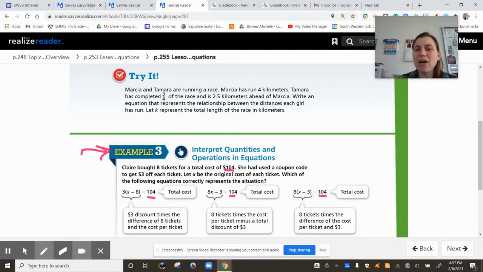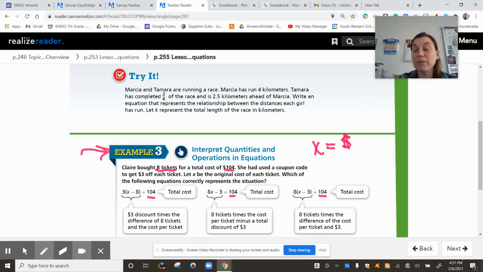But on all 3 of these, they have all the other numbers we need, but they're in different places. So we have to figure out which one's correct. So 8 is the number of tickets. I notice that in some of these, I will be subtracting X and 8. Well, what's the label on X? X is dollars.